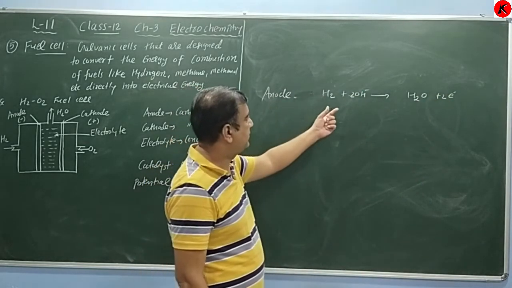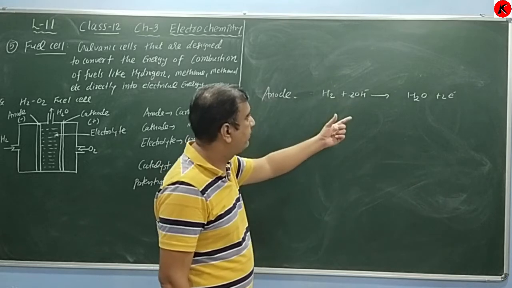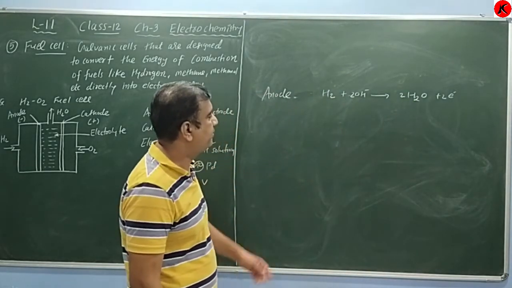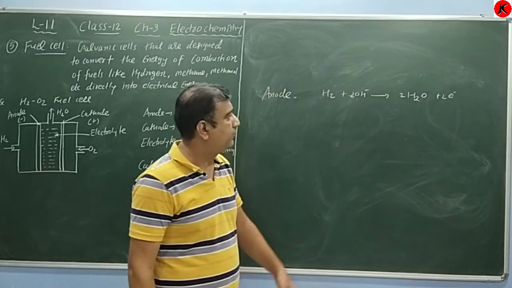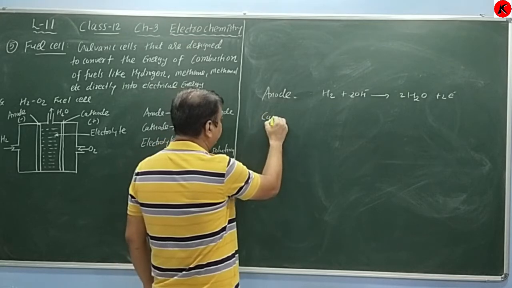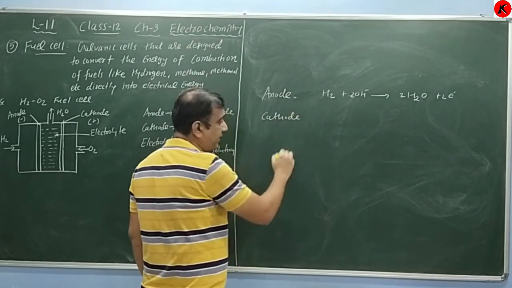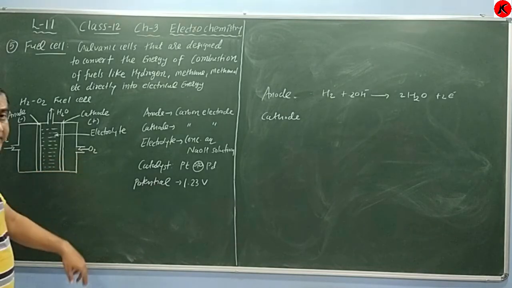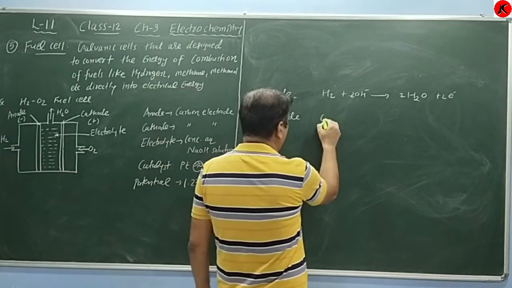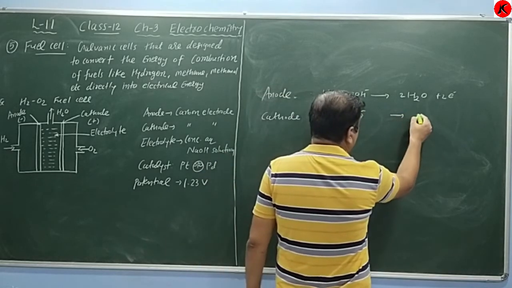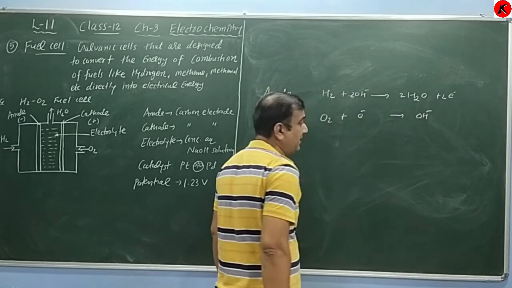The oxygen is 2. That means here multiply by 2. Hydrogen is 4. So automatically hydrogen is 4, 2. And now at the cathode reduction reaction takes place. At the cathode we are passing the oxygen gas, that means O2 plus electron, and this is converted to OH minus.